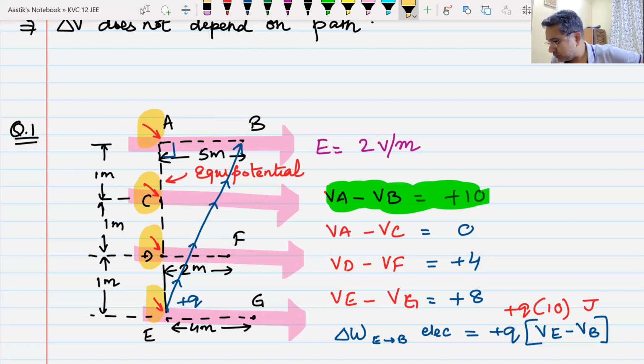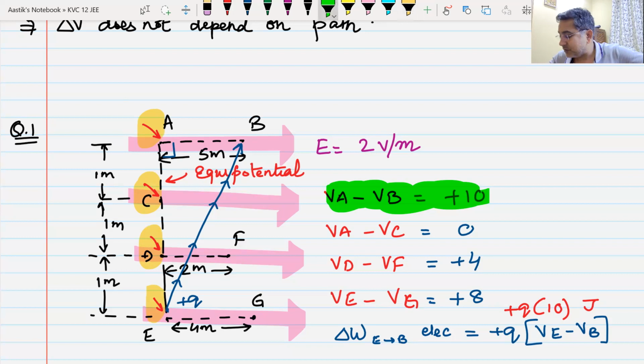Electric field is uniform. Yes. What else? That means an equipotential surface. Equipotential surface means the electric potential is the same, sir. So VE minus VB will be equal to what?